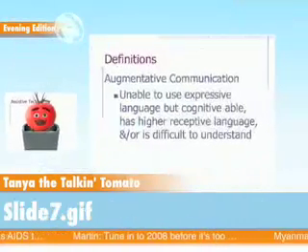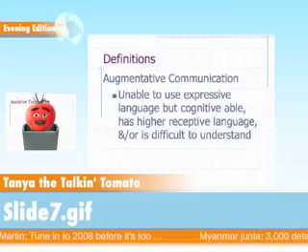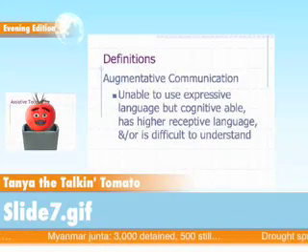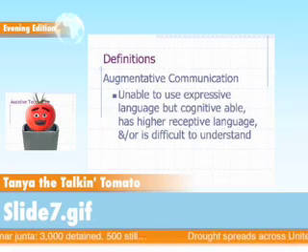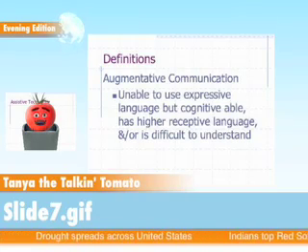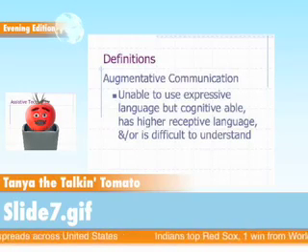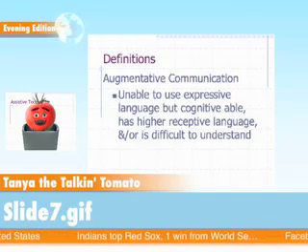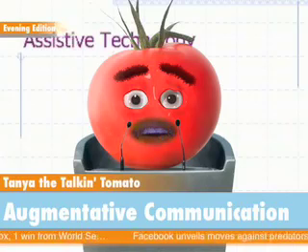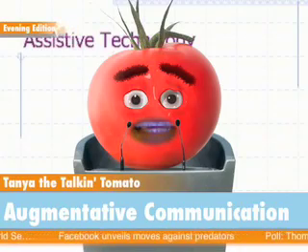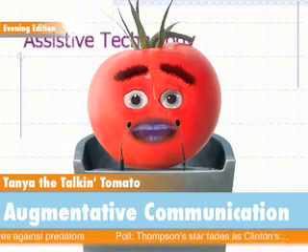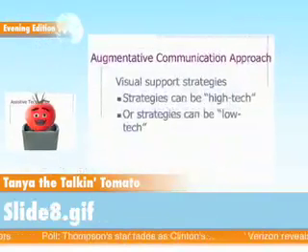It's also about little ones who are unable to use their expressive language but have the cognitive ability they need to express themselves, so their receptive language is really high. Often we also use these assistive technology devices with little ones who are difficult to understand.